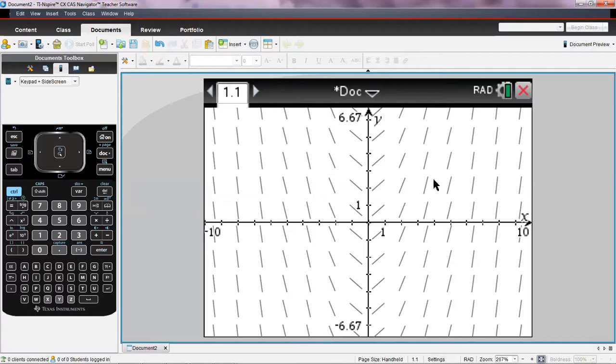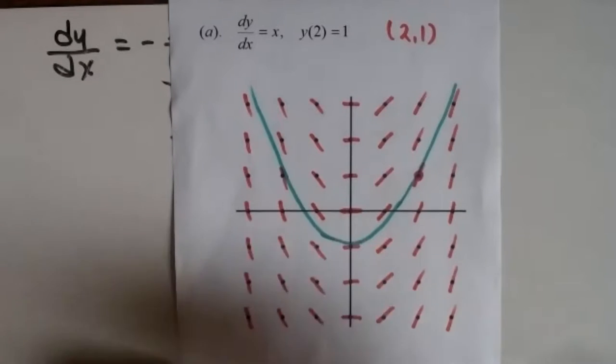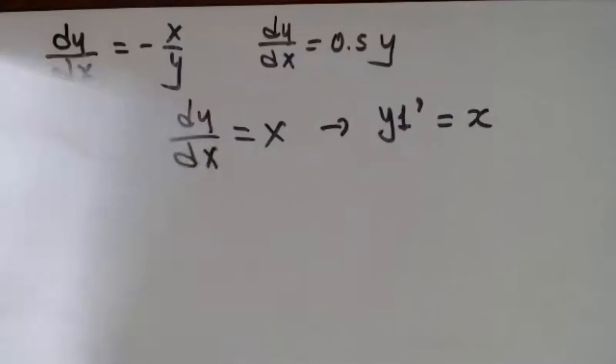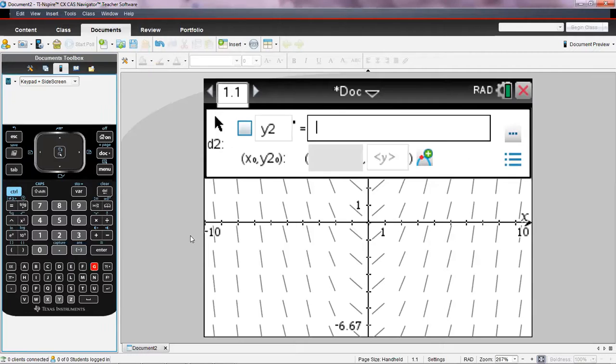Now, remember that we plotted the solution passing through (2, 1). I'm going to plot the same. On my calculator, in Control G, I go up and see my first entry, y1 prime equals x.